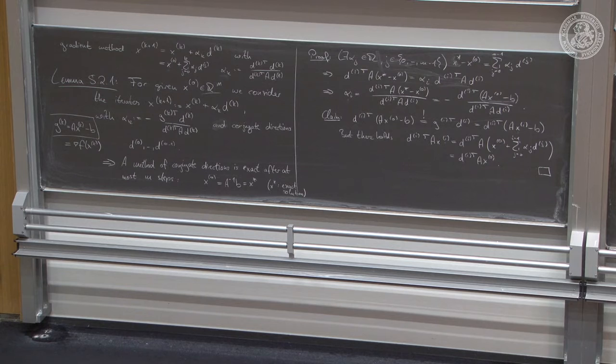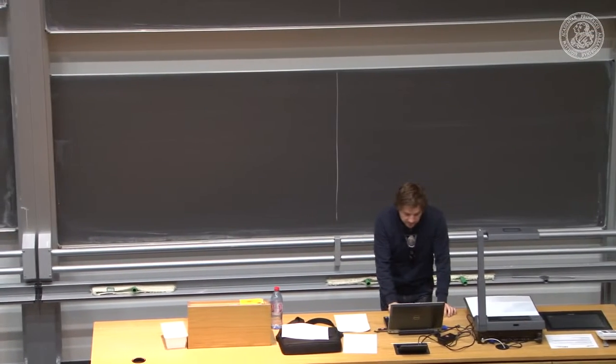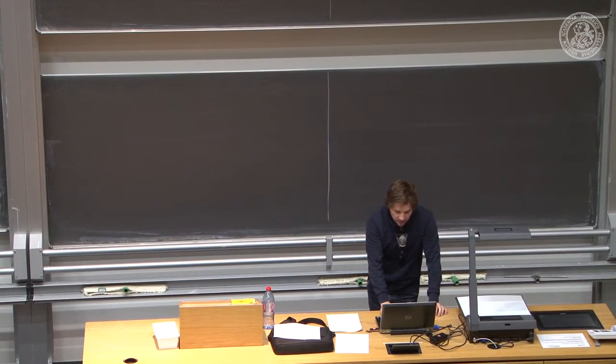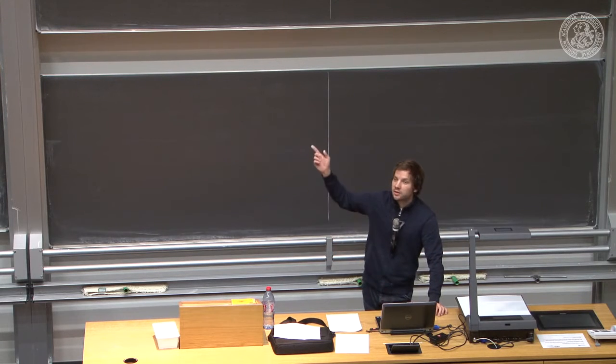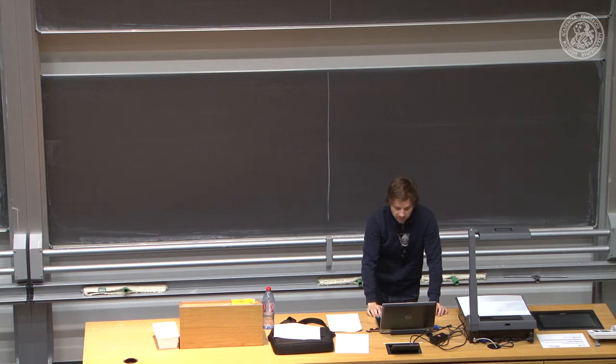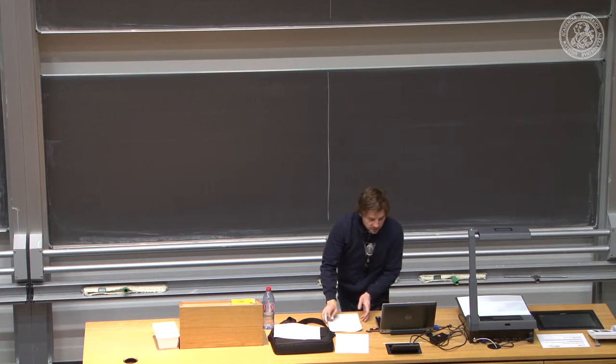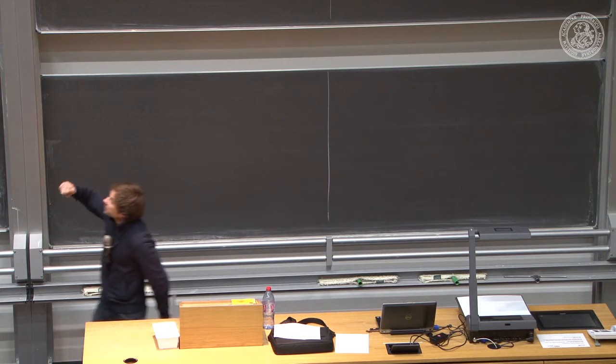Further, the next result is that these conjugate methods indeed minimize our functional f on such a subspace that is given here. This is an affine subspace.